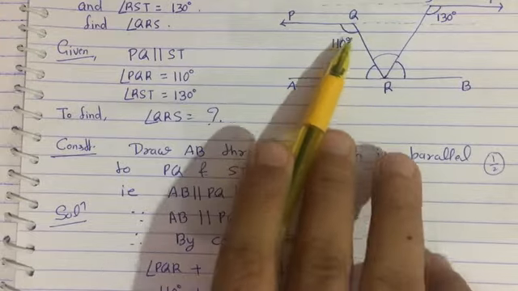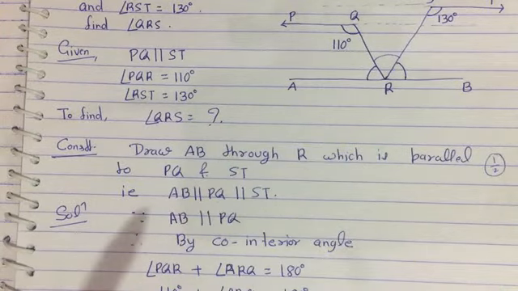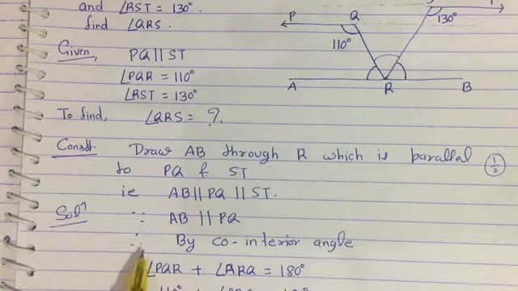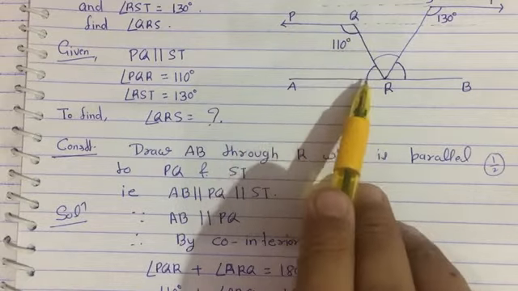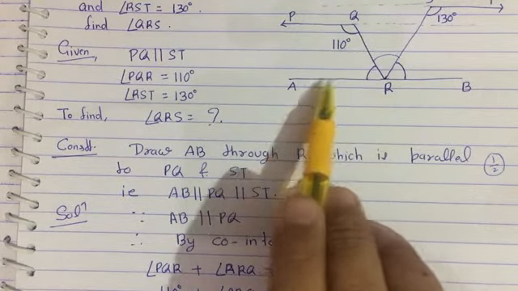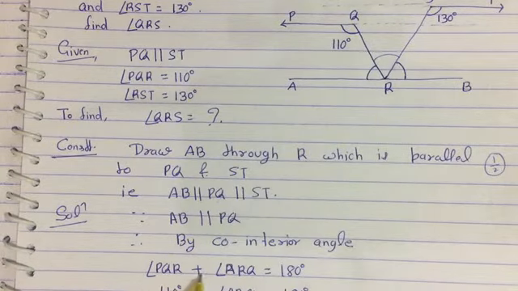And you know that the sum of co-interior angles is 180 degrees. So since AB is parallel to PQ, therefore by co-interior angles, angle PQR plus angle ARQ is equal to 180 degrees.